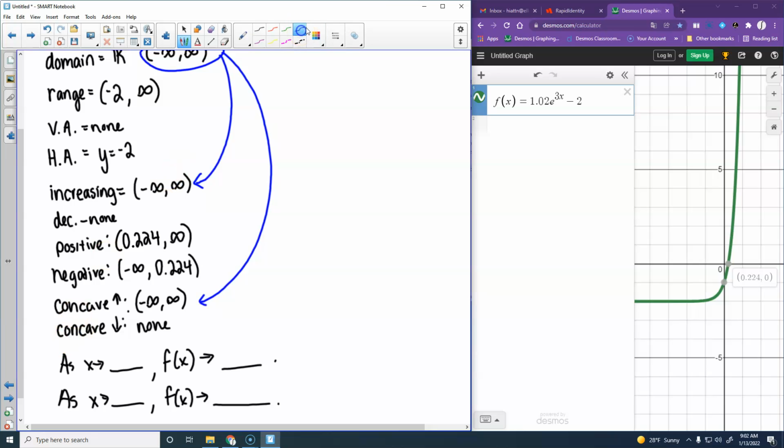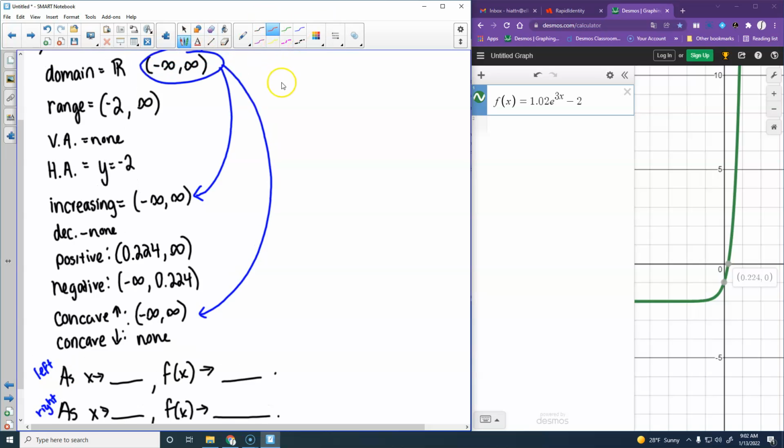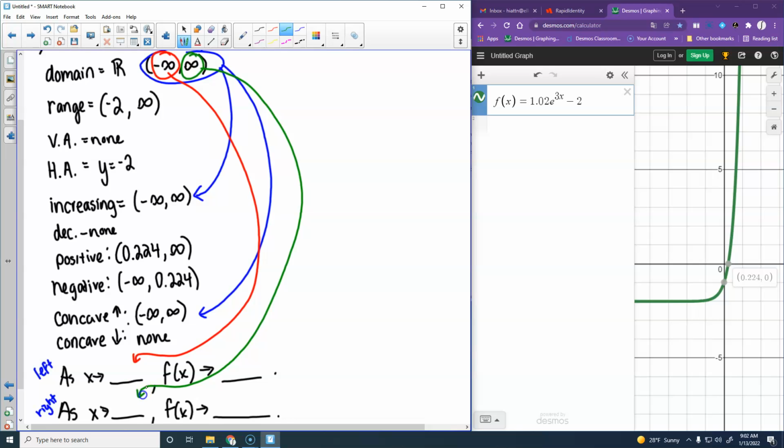So think of this as your left-hand side of the graph, and this is your right-hand side of the graph. We take the left point of the domain, which for this one is negative infinity. It goes right here. And we're going to take the right-hand point of the domain, and it's going to go right here. So we're going to have as x approaches negative infinity and as x approaches positive infinity.